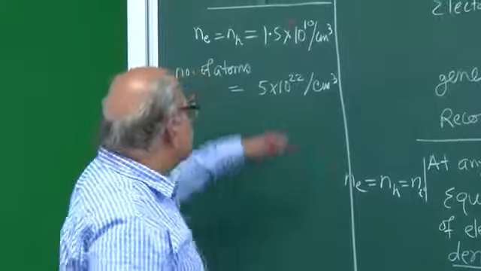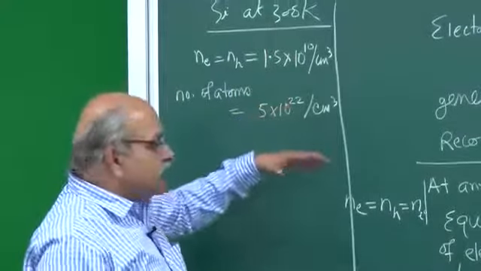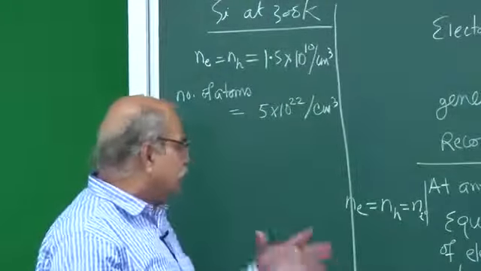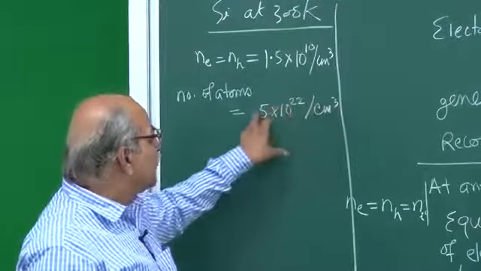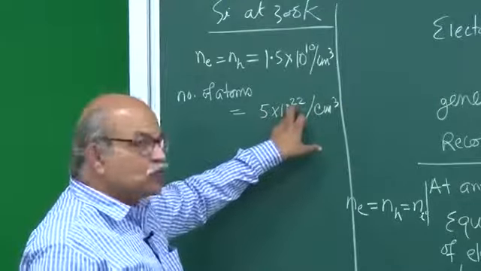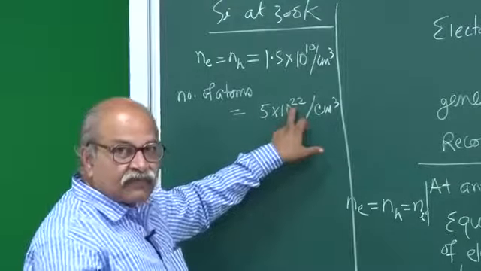So you can see the ratio in any silicon crystal, per centimeter cube you have 5 into 10 to the power 22 atoms, right?